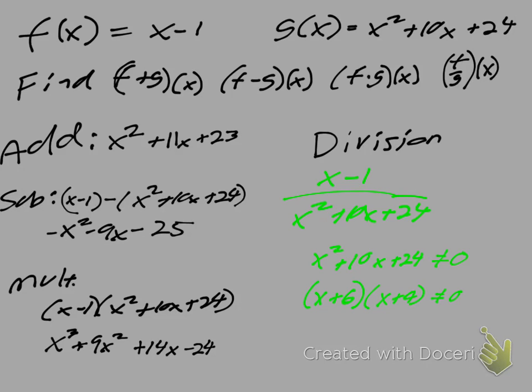Then you can use your zero product property and split it up the same way. X plus 6 cannot equal 0. X plus 4 cannot equal 0, which means x cannot equal negative 6, and x cannot equal negative 4.